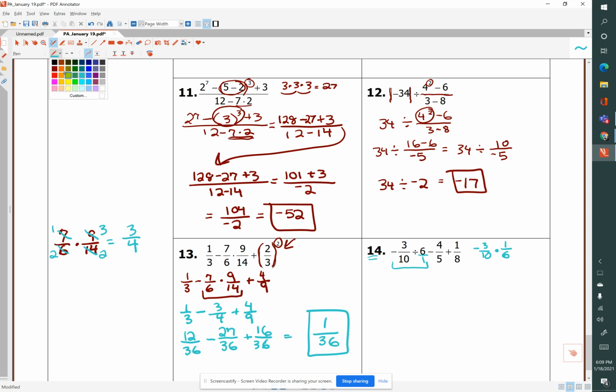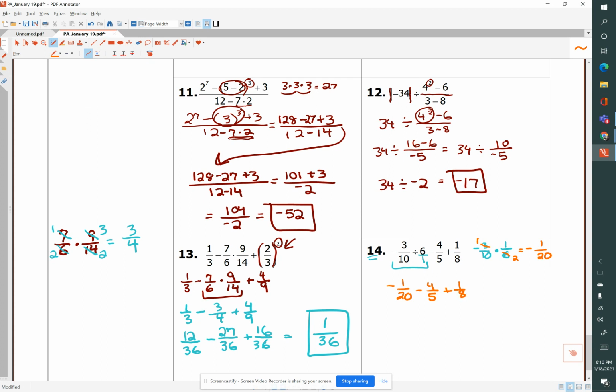And we have some simplifying that we can do. 3 divided by 3 is 1. 6 divided by 3 is 2. It's a negative times a positive, so it will be a negative 1/20. So all of this comes down to negative 1/20 minus 4/5 plus 1/8.